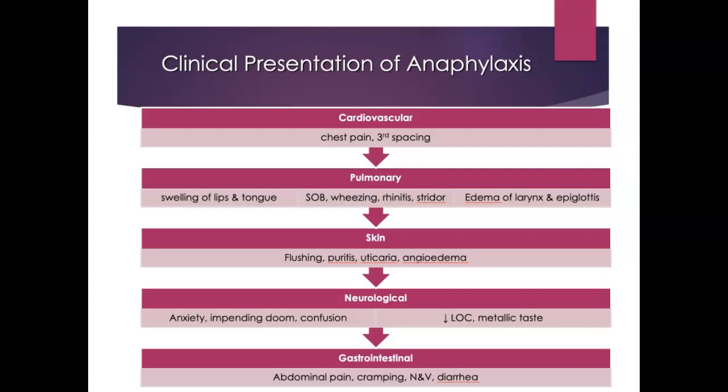You could have pruritus, urticaria, or angioedema. Neurologically, you start to see individuals with anxiety, impending doom, maybe confusion, decreased level of consciousness. And for the GI, you'll see patients with abdominal pain, cramping, nausea and vomiting, and diarrhea. So there's a lot of clinical presentation with an individual with anaphylaxis.